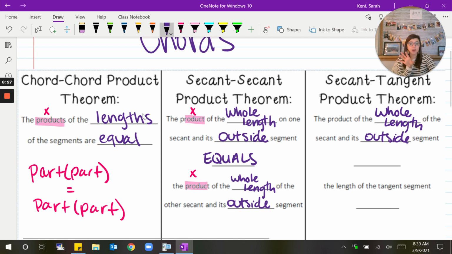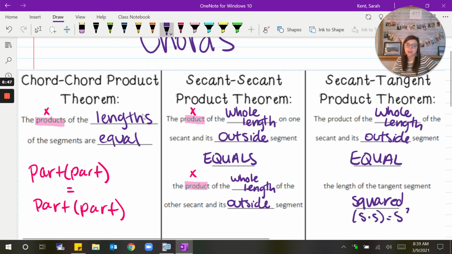So the secant part will be the same as we just did, whole length times outside. And that's going to be equal to the length of the tangent segment squared. So if you remember squared, this is where we've got side times side, which equals side squared. Okay? So again, this is going to be a little weird, but let's put it together with the example. Pictures will make a lot more sense than words.